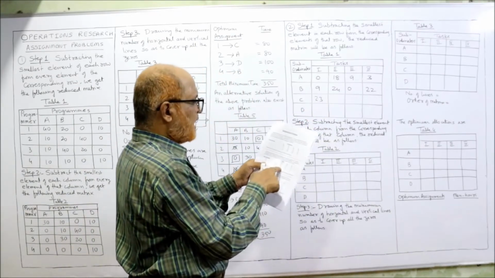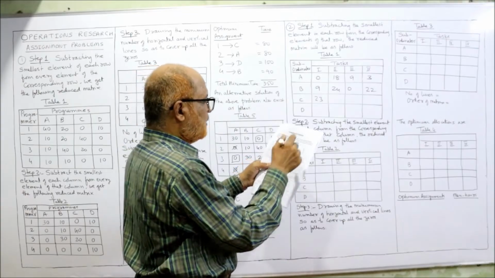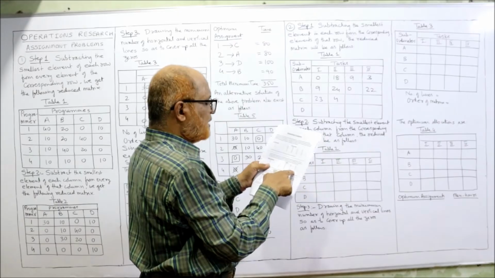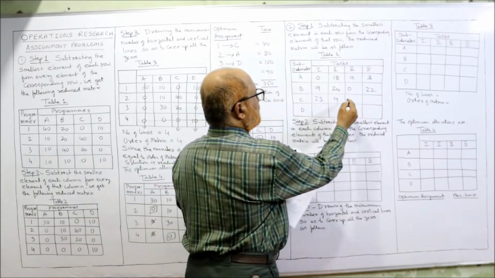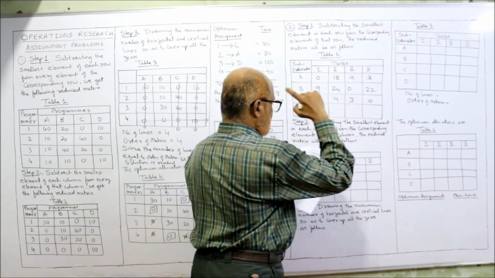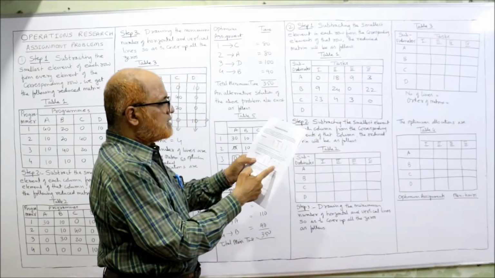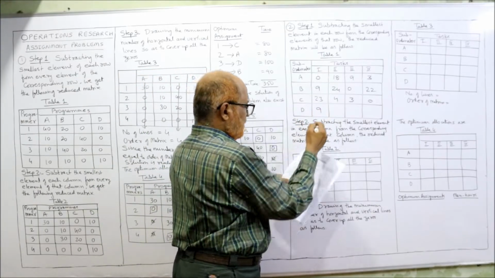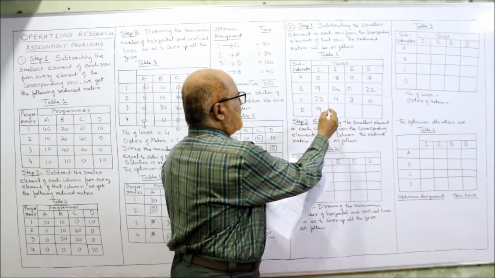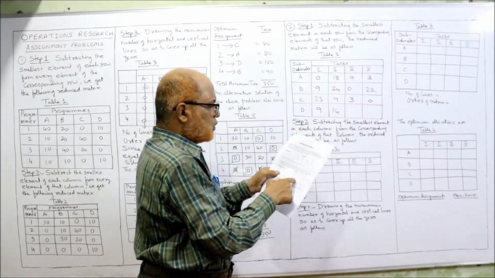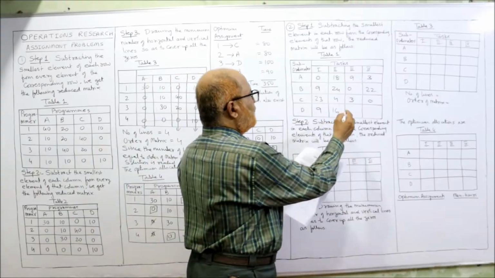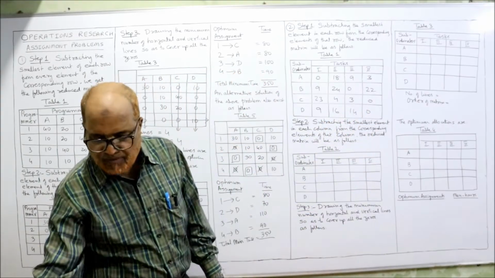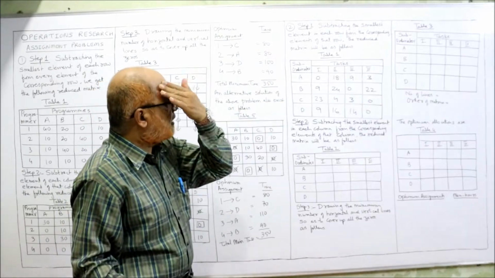Then next comes 19 minus 15 is 4. Next comes 18 minus 15 is 3. 15 minus 15, 0. Last one, minimum is 10. So 19 minus 10, 9. 26 minus 10, 16. 24 minus 10, 14. 10 minus 10, 0. So row subtraction completed.